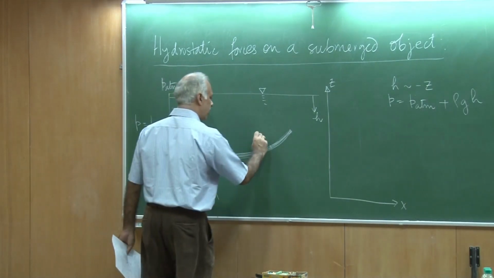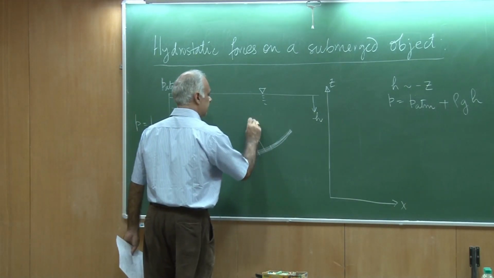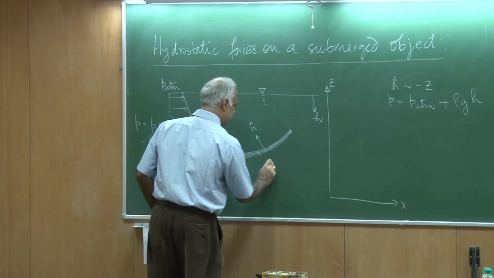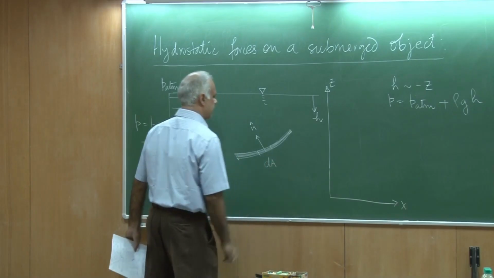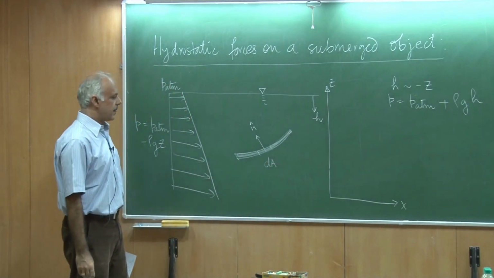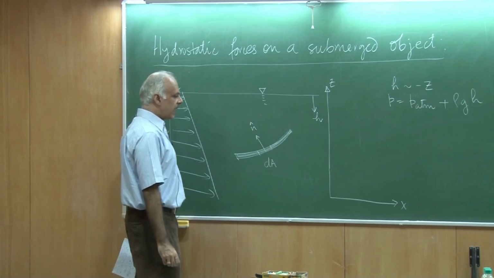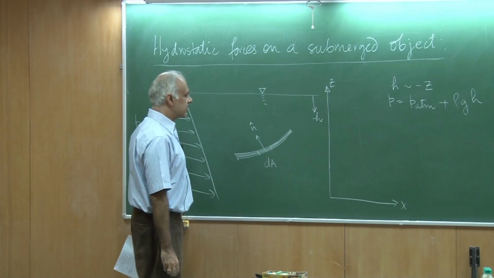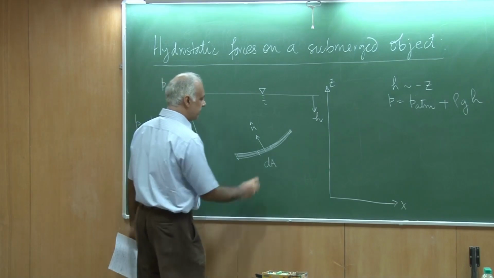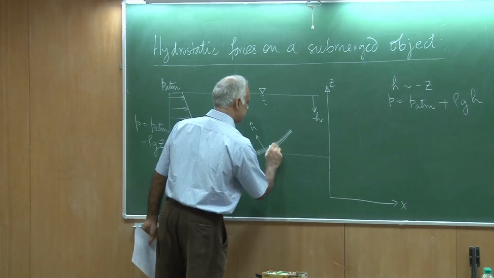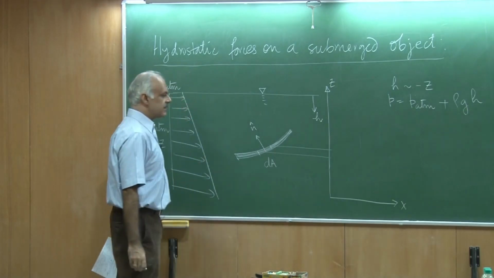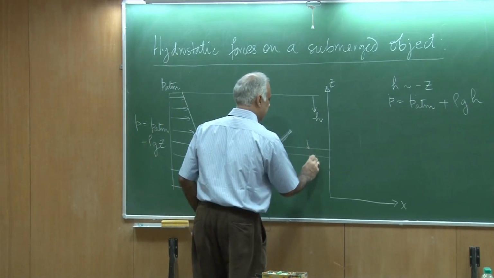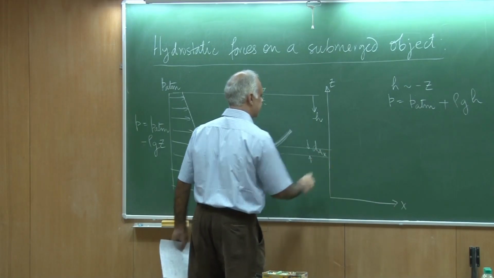So there is a unit normal, and I could talk about this area dA. This area would have a projection along the x direction and a projection along the z direction. So let me call this projection dAx.